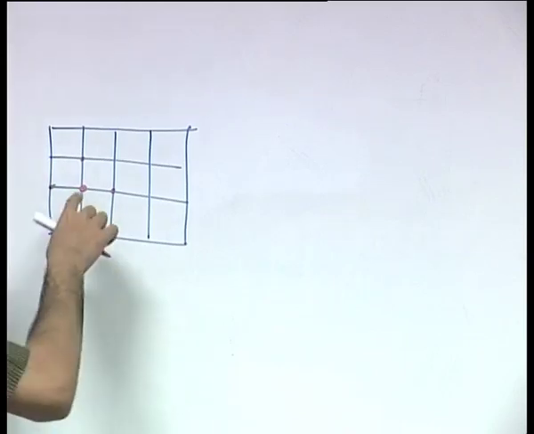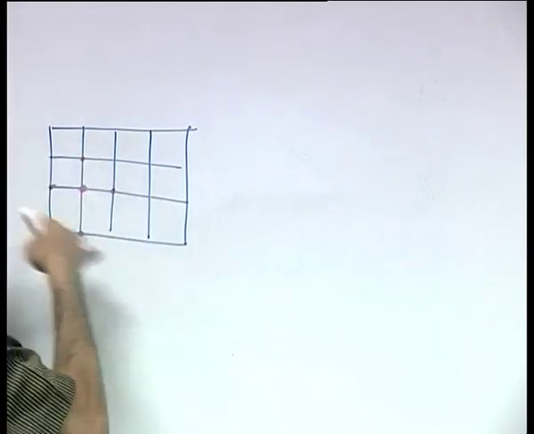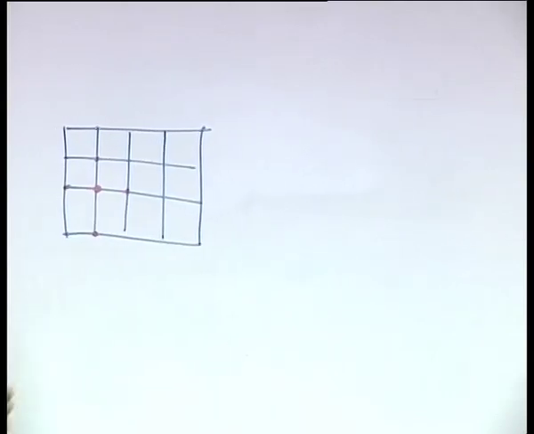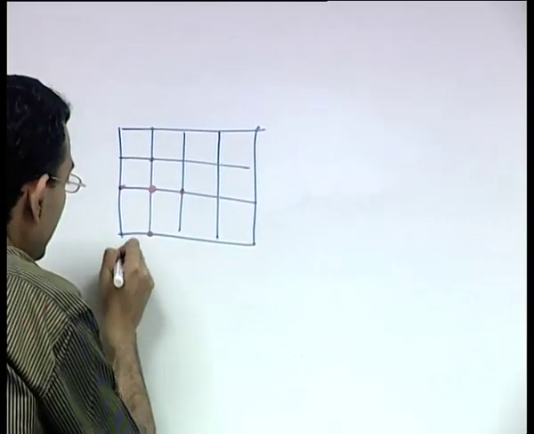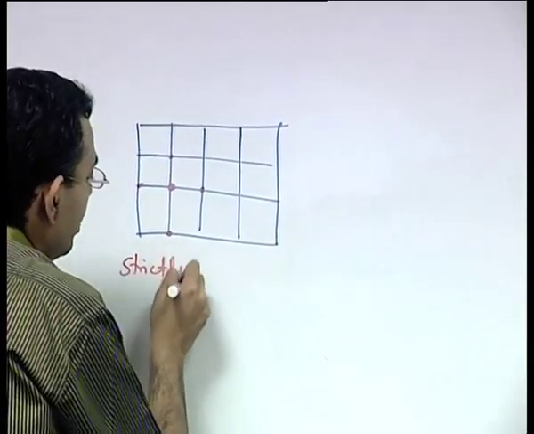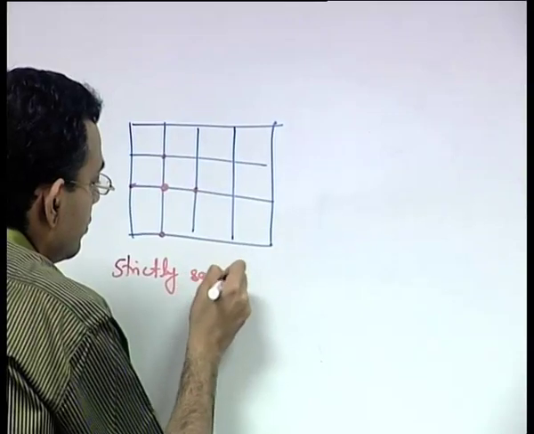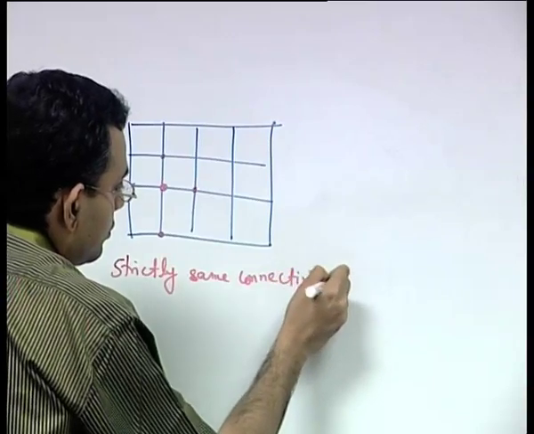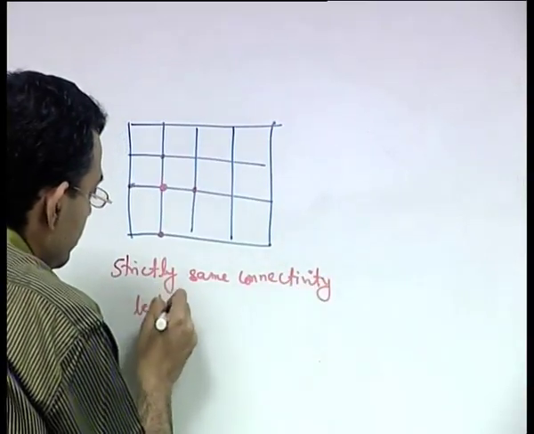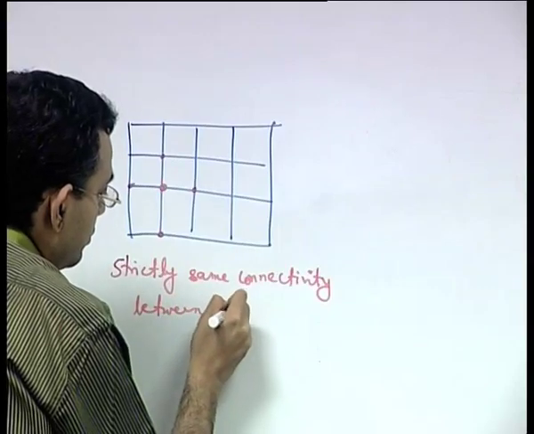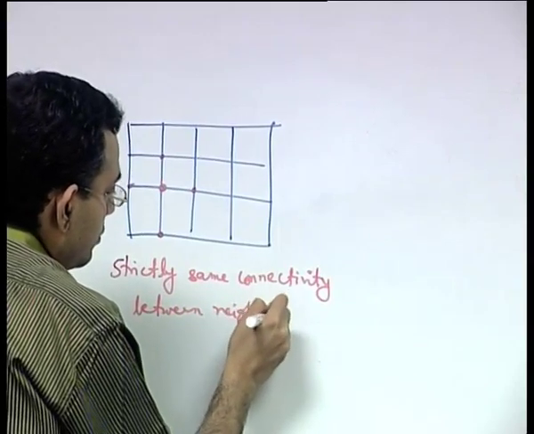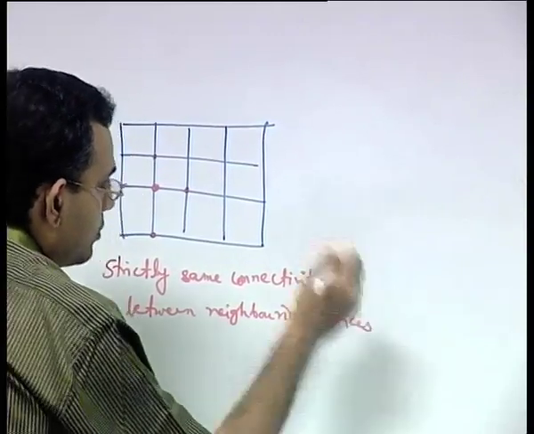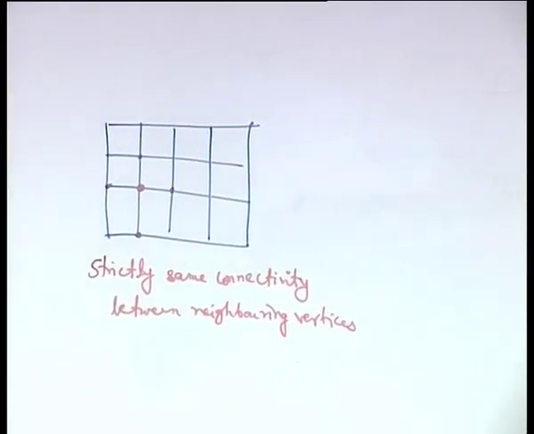So, connectivity between the neighboring vertices is strictly the same. That is the first thing.